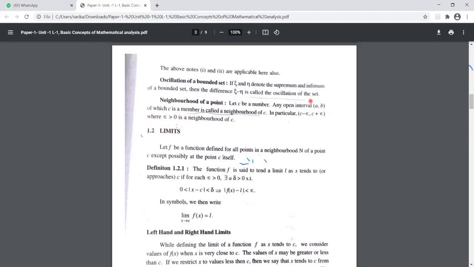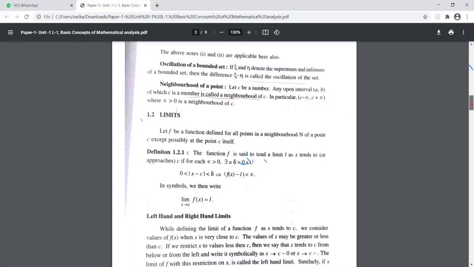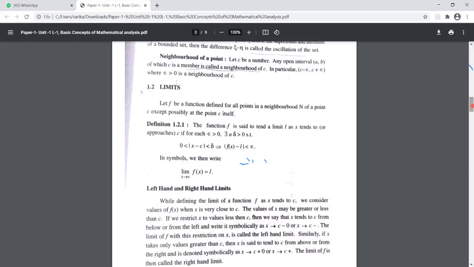In particular, (c minus epsilon, c plus epsilon), where epsilon is greater than 0, a positive number, is a neighborhood of c. Hope you are understanding till here.